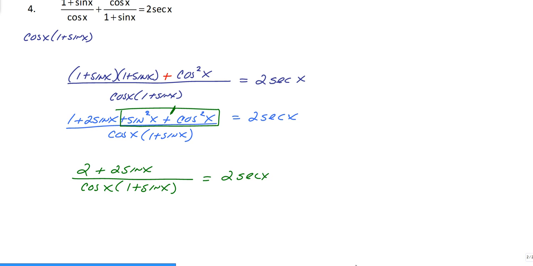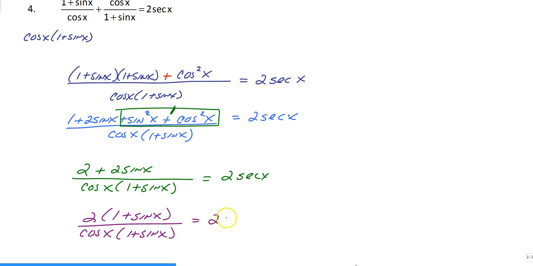Okay? Now you should probably see where we're going after this. We have a common factor, a GCF of 2 in our numerator. So we can factor out a 2, and you're going to see something we already have in the denominator. You're going to be left with 1 plus sine x over cosine x times 1 plus sine x.